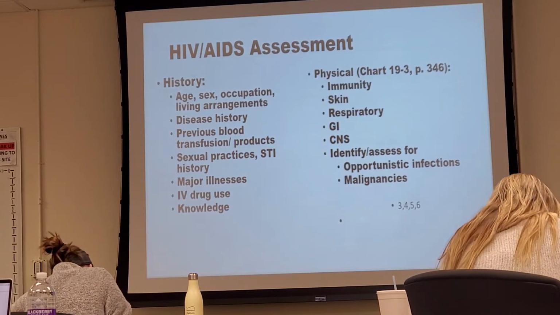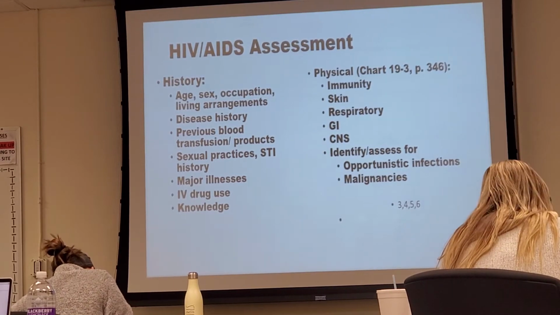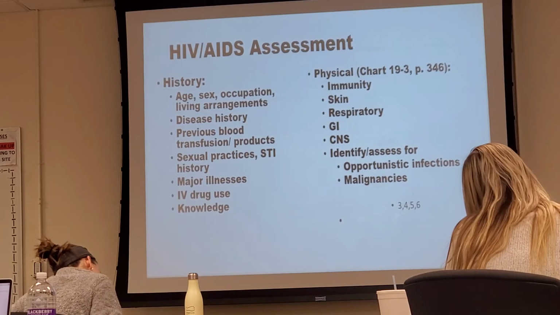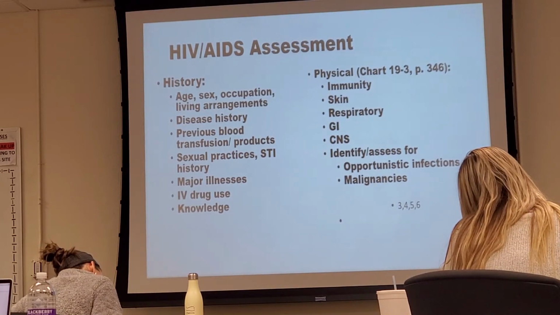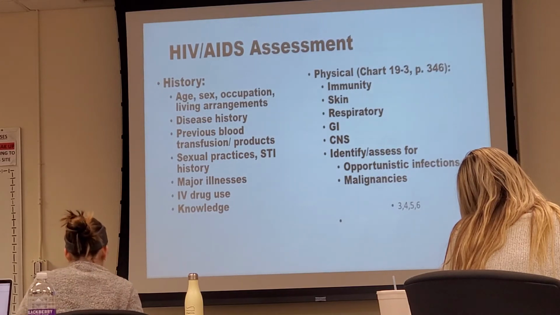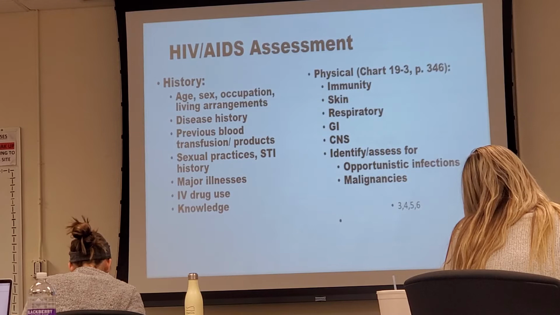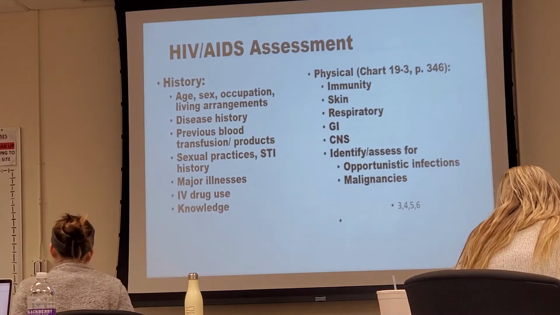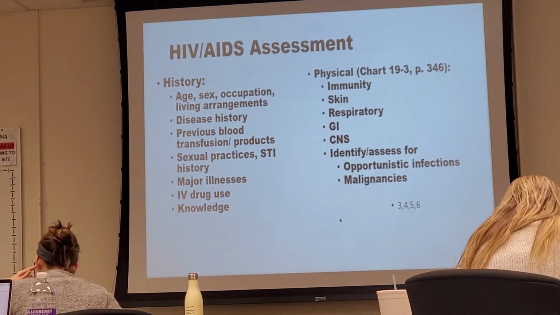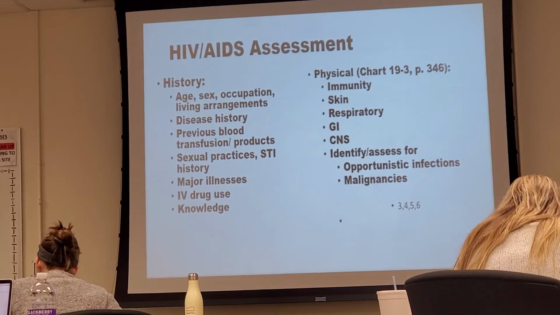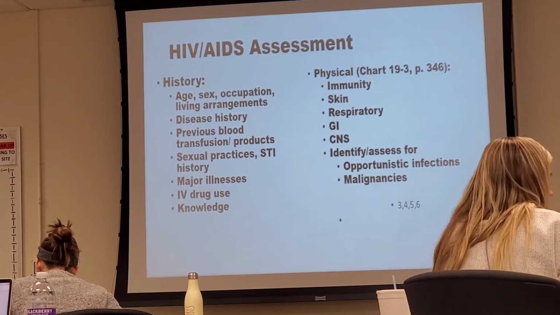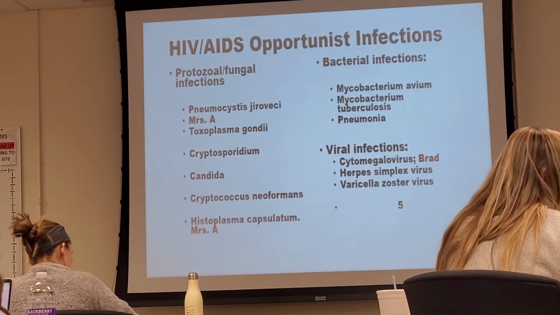So you really have to get a good history and you can't skip over any information. Then ask about infections they've had in the past and if they've ever had any malignancies. It's on page 346, but it takes a thorough assessment. Everybody should get a thorough assessment, but these patients in particular, there's nothing you can overlook.